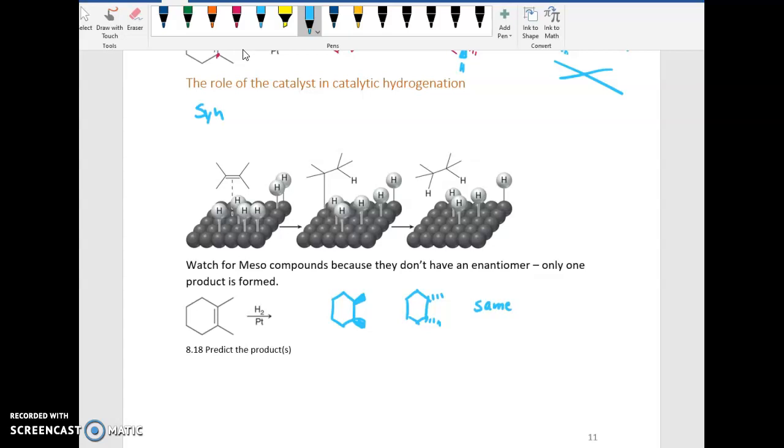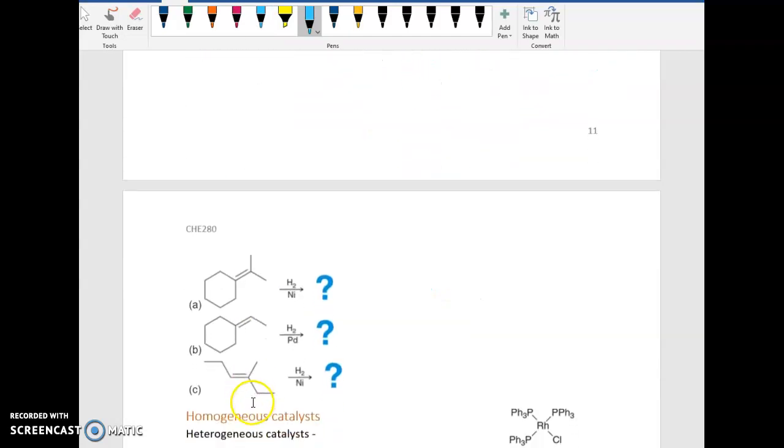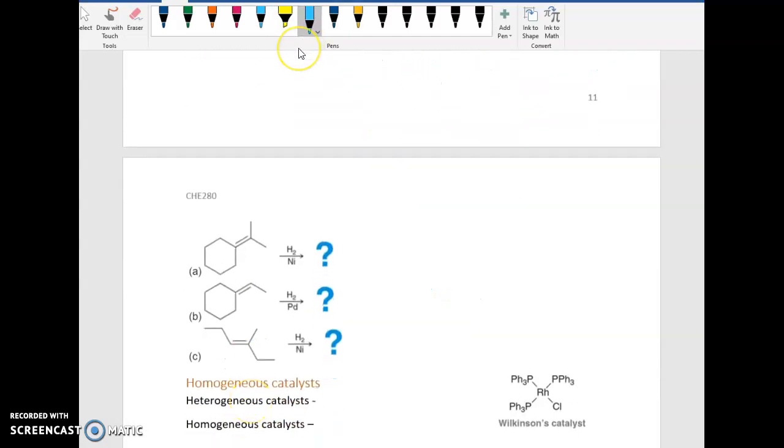So let's see if we can predict the products that we might get. We're going to add a proton to here, and we'll be adding a proton to here. We will not be making a chiral center at either of those places. So our result will be just the same compound, but without the double bond. So here we're adding a proton to here and a proton to here.